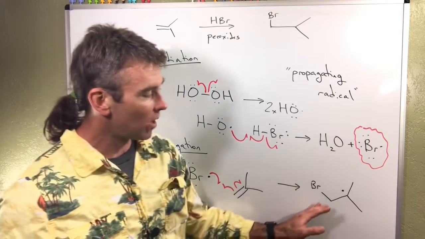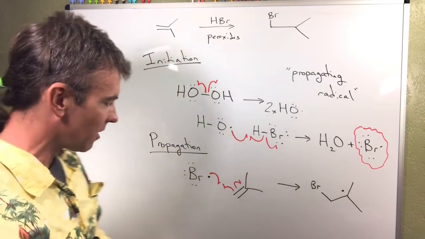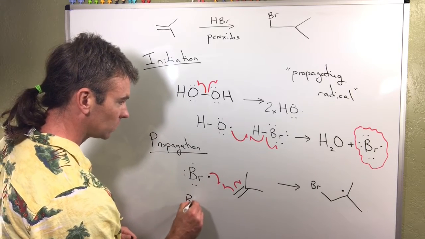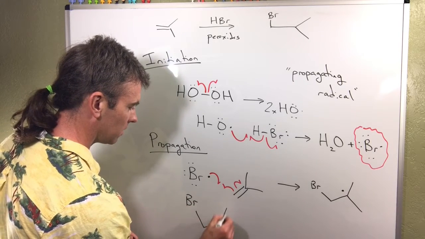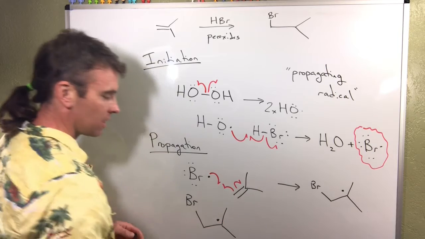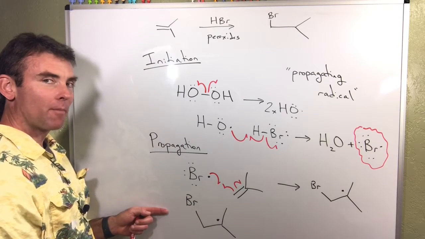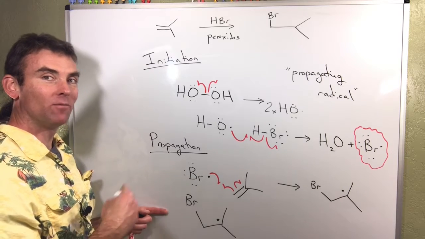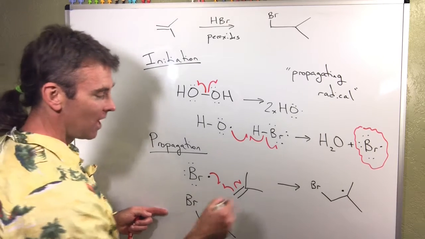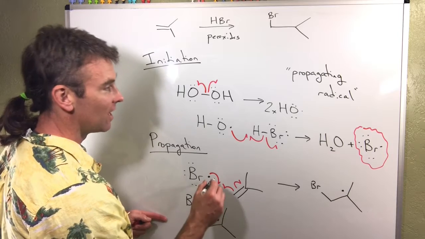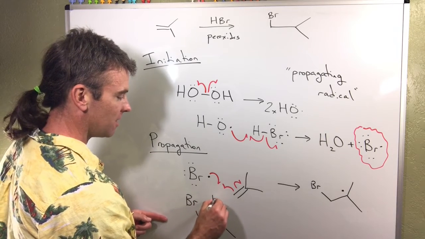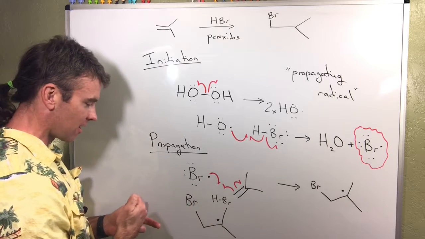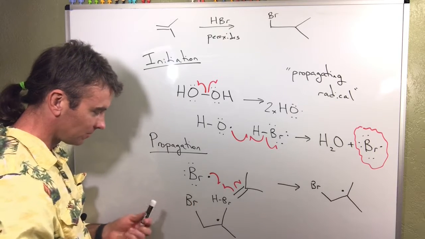And so, well, what happens at this point? Well, it turns out that we're one step away from product formation. We need to reform our propagating radical, hence the name propagating radical. Once you have a little bit of it, you keep forming more and more and more. And the way that that's going to happen is that another HBr is going to come in the presence of our material here.